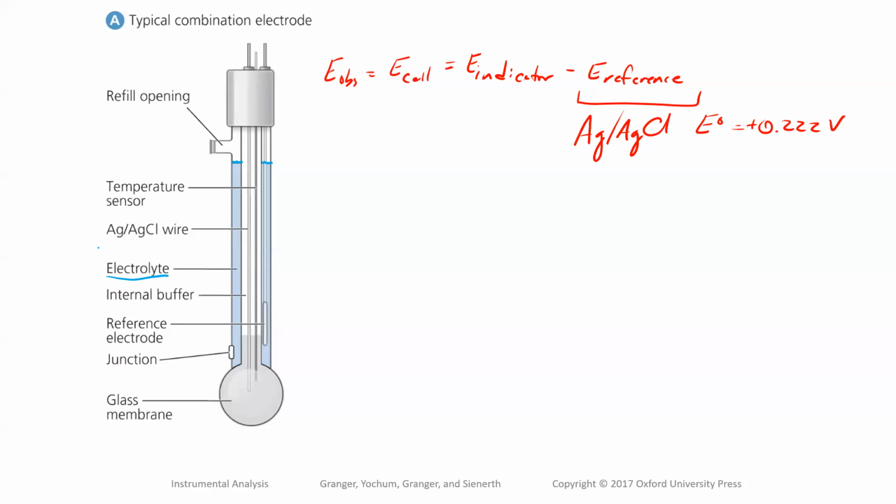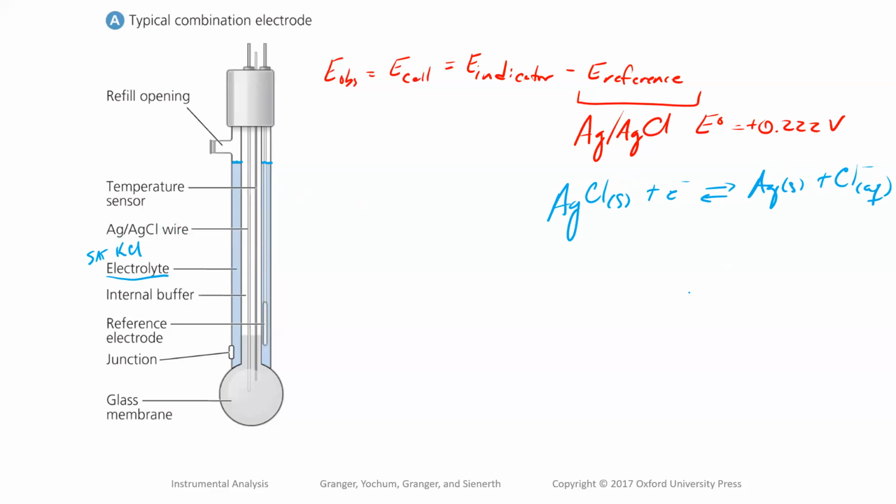So we need that Cl minus. So let me write out this reaction: AgCl solid plus an electron gives me Ag solid plus Cl minus.